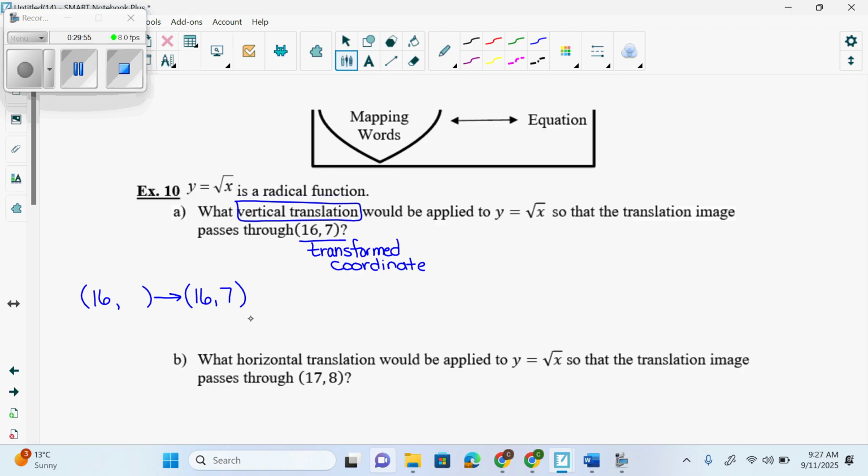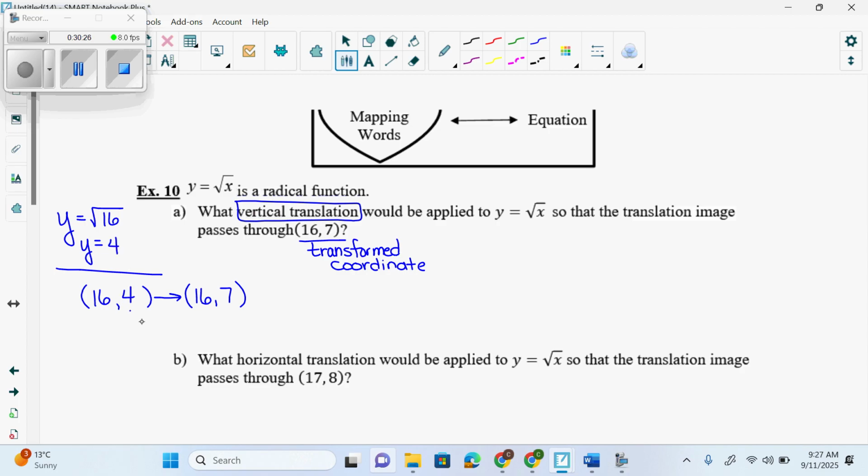Look at it on the radical graph. Yeah, so we could just plug it into the equation. So we know x, so we could go y equals root 16 and get what y is on the original, correct? Because you input an x, get out a y for the original. So y equals what? 4.